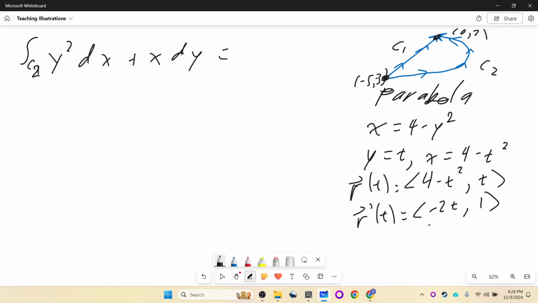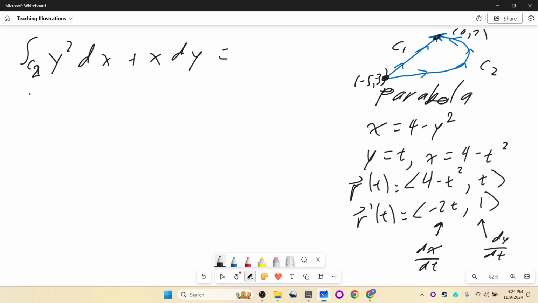Now we could get the length of r prime, and if this were ds, we'd have to, but it's not ds, it's dx and dy. So this is dx/dt, and this is dy/dt. If you multiply by the dt, you get what dx is.